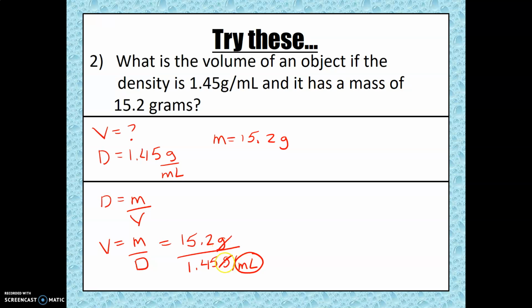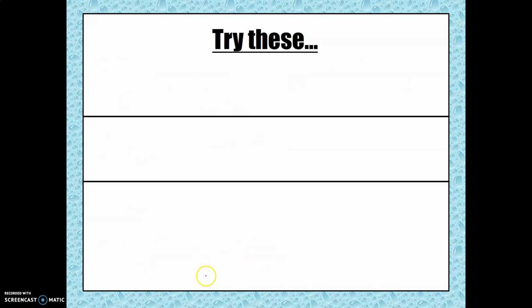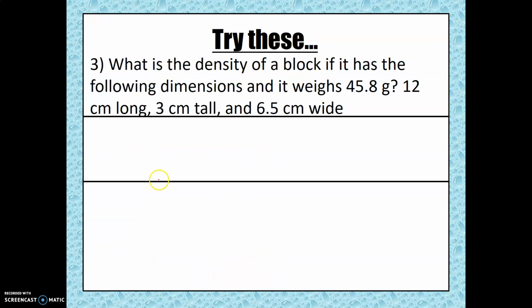Milliliters on the bottom of a fraction flips up to the top. So when I punch my calculator, 15.2 divided by 1.45, I end up with 10.48 milliliters.